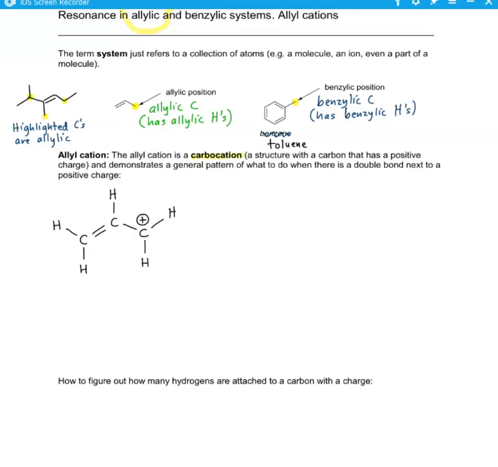So in this case, here's the pattern you're looking at, a double bond next to an atom with a positive charge. You're going to start an arrow at the double bond and point to this bond right here. The resulting structure, notice again, one of the tenets of resonance, all the atoms are in the same places. The resulting structure looks like this.